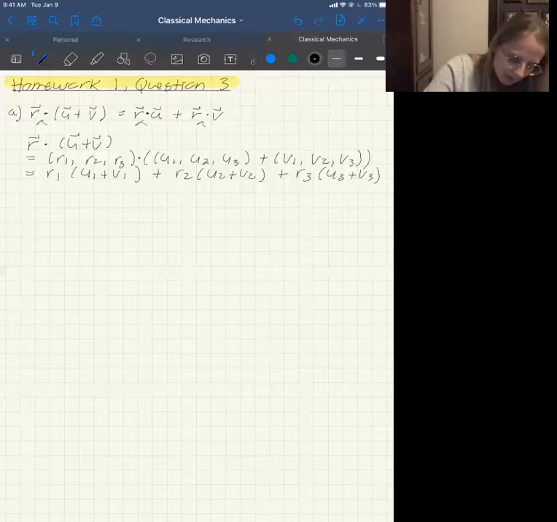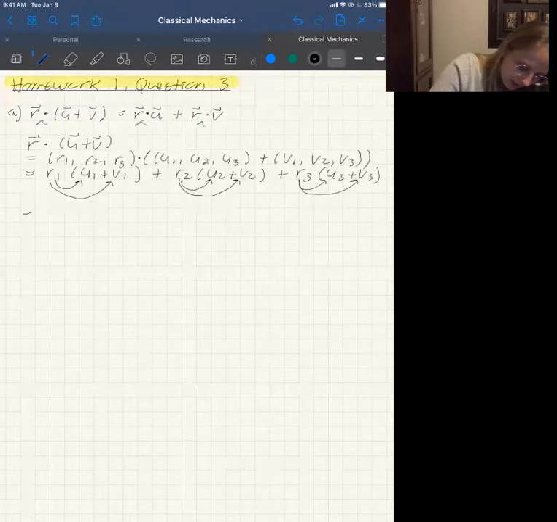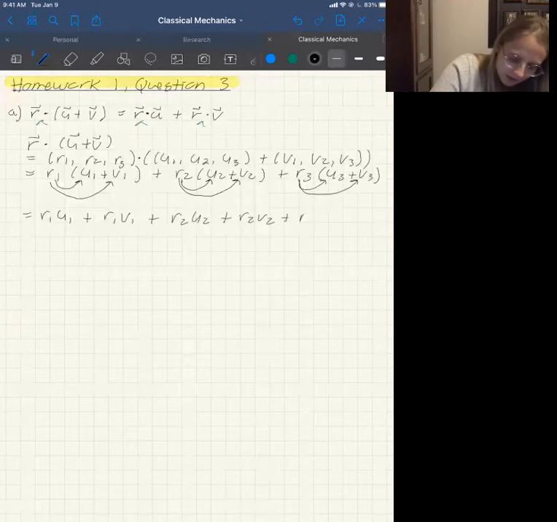So I can distribute this R1 to the U1 and to the V1, this R2 to the U2 and to the V2, and this R3 to the U3 and to the V3. If I do that, I get the following terms: R1U1 plus R1V1 plus R2U2 plus R2V2 plus R3U3 plus R3V3.